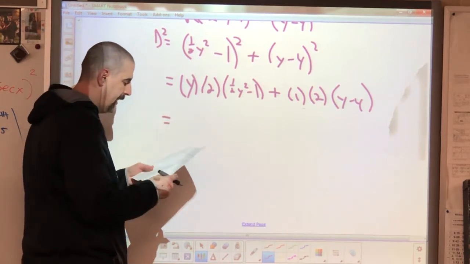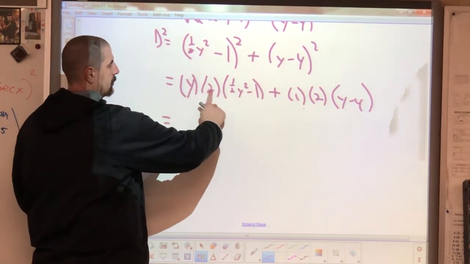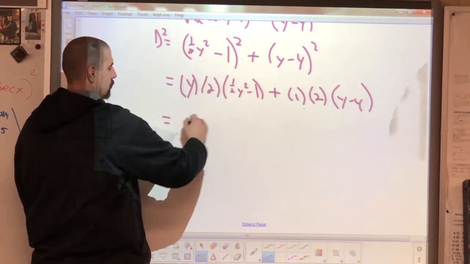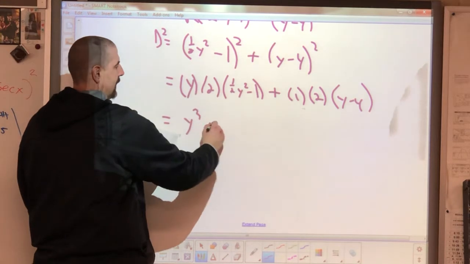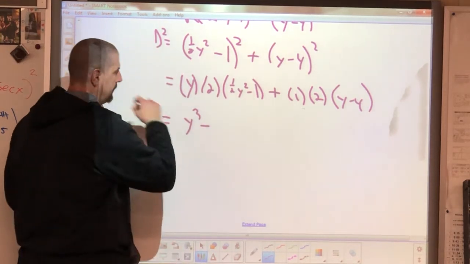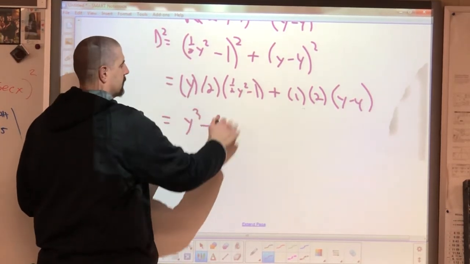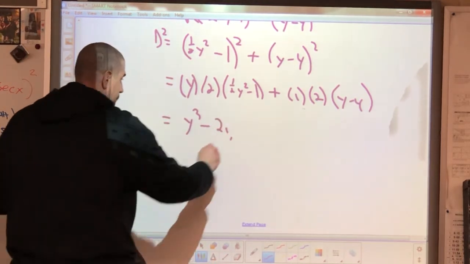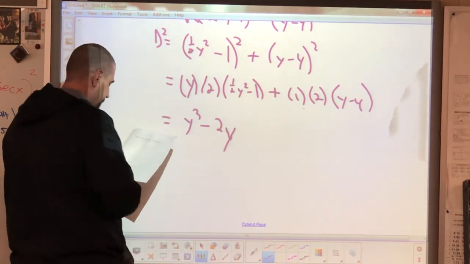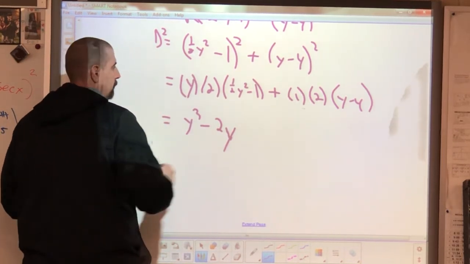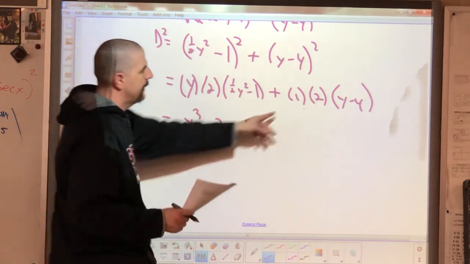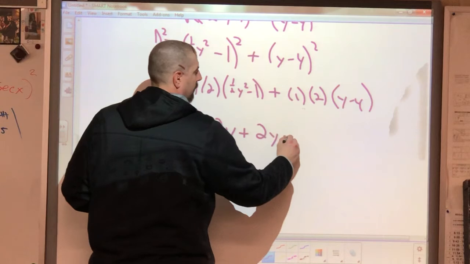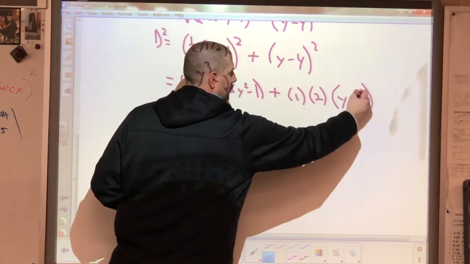So when simplifying, you're going to distribute this 2y in here, so the 2 and the 1/2 cancel, and you're just going to get y cubed minus 2y, plus, and then down here, that's just going to be 2y minus 8.